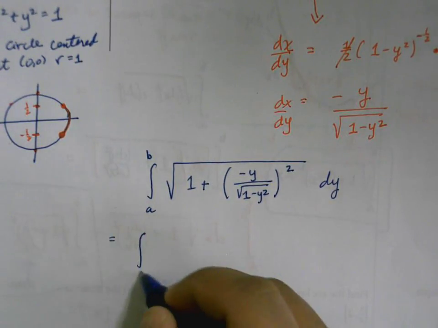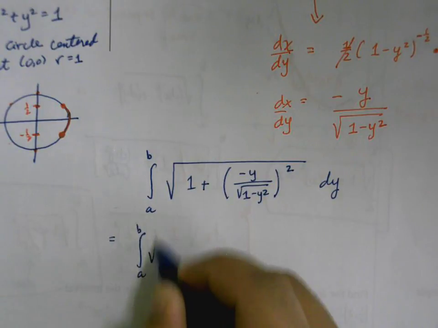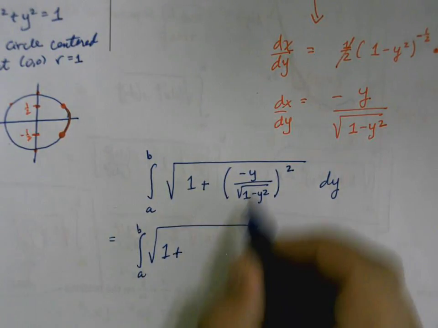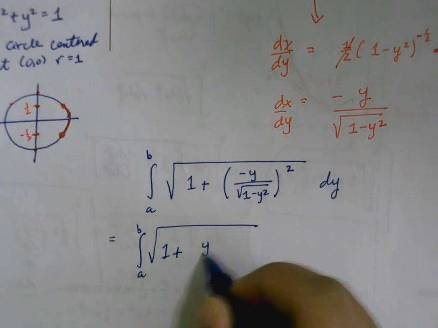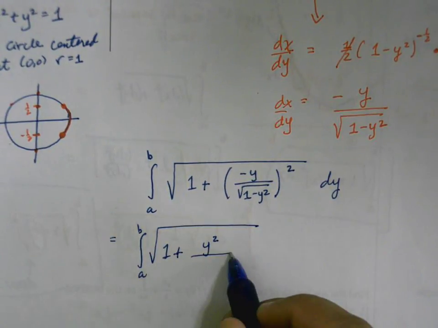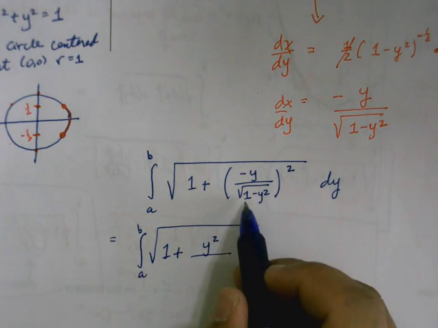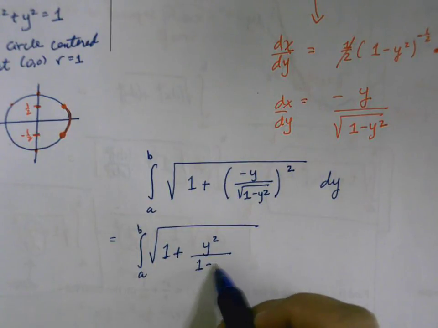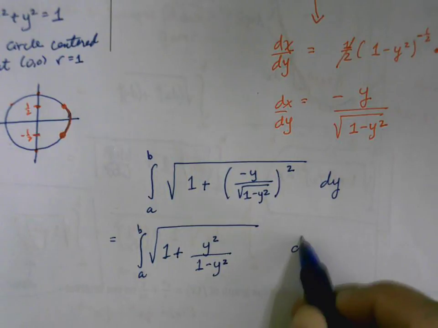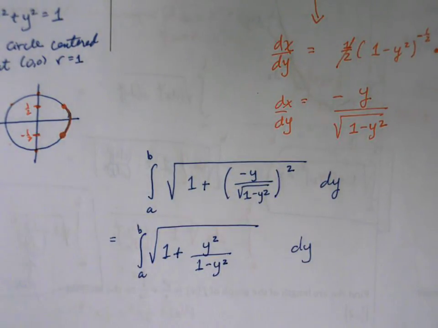So this is going to equal the integral from a to b of the square root of 1 plus. Now when we square this, the negative y becomes a positive y squared, because when we multiply two negatives we get a positive. And then the denominator is, we're going to square the square root, so we get 1 minus y squared. Okay. All of this times dy.